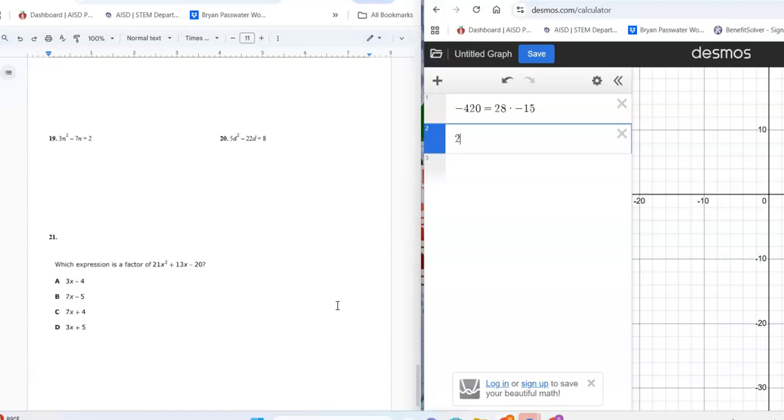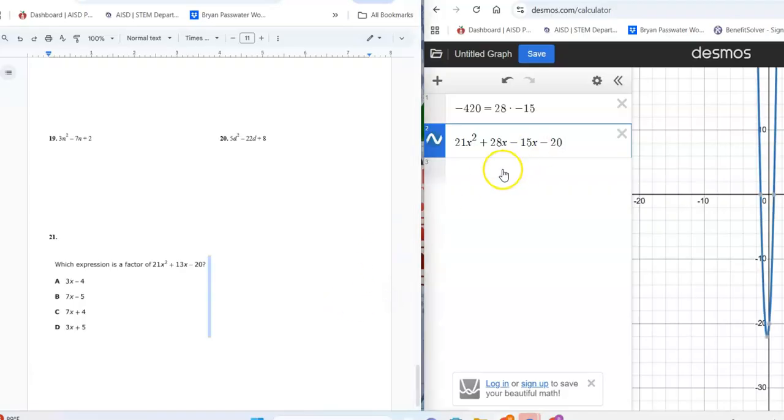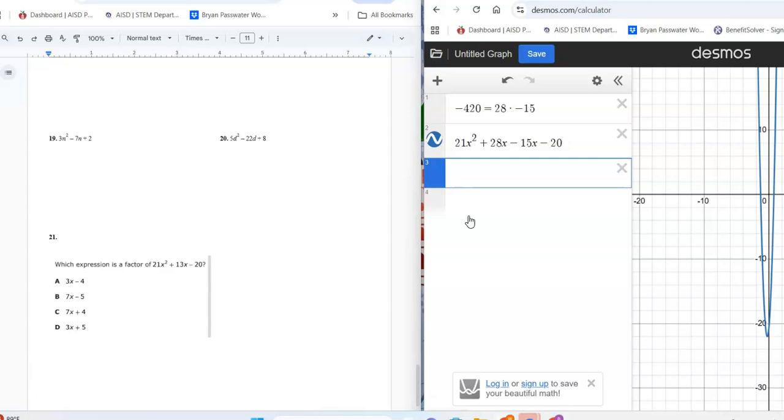So let's split up the 13x into 28x minus 15x. So it's 21x squared plus 28x minus 15x minus 20. Okay, so now the greatest common factor of 21x squared and 28x is 7x. And that gives 3x plus 4.